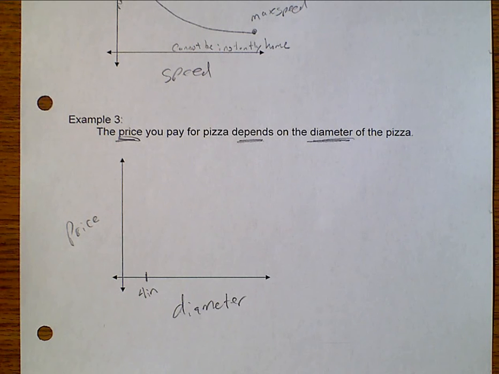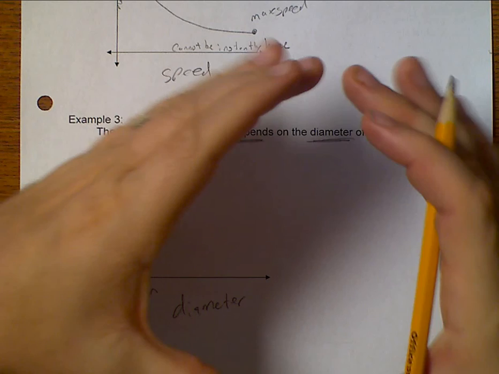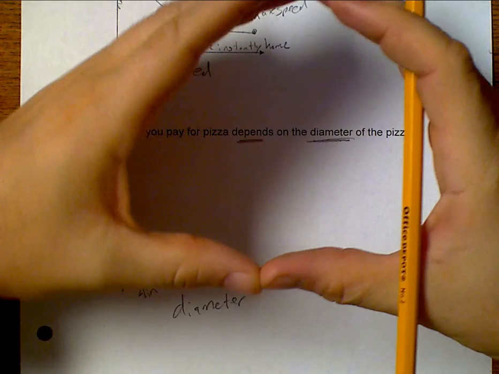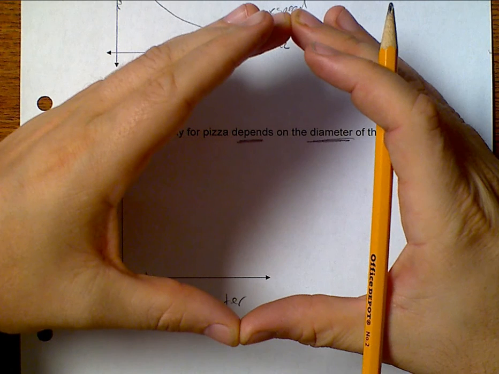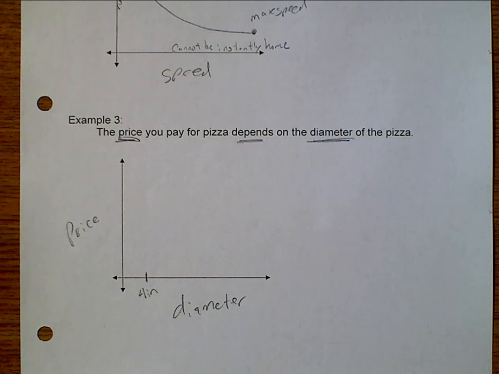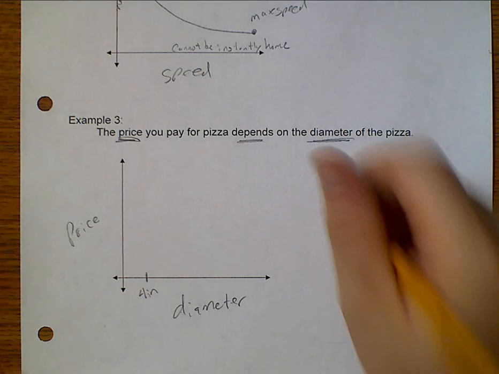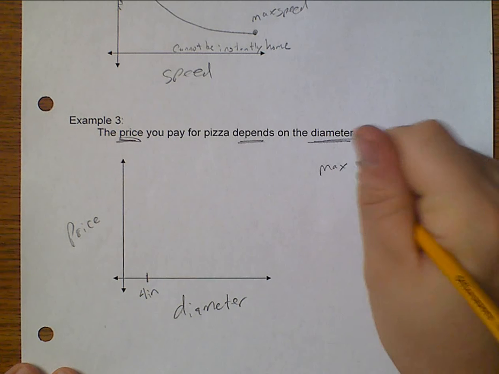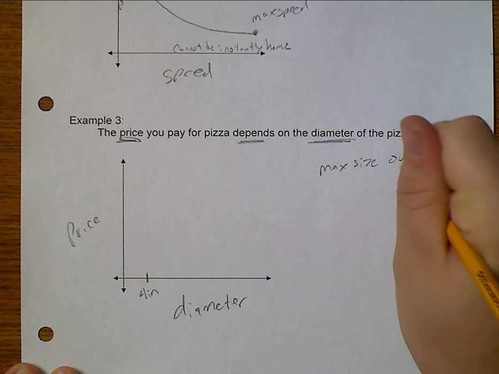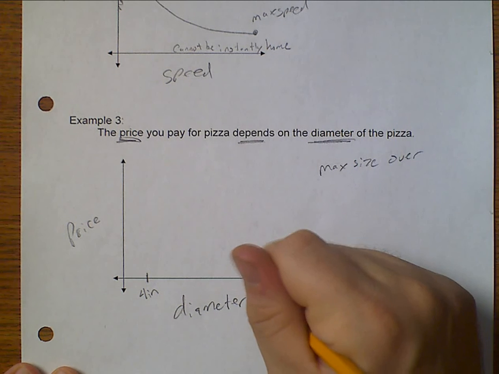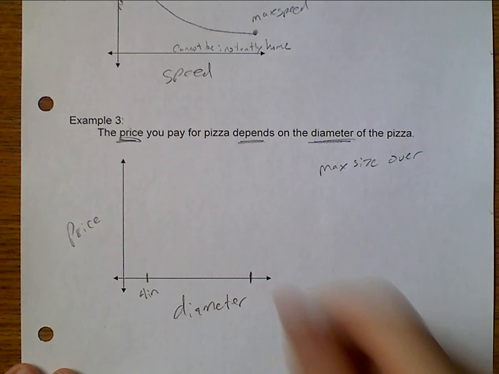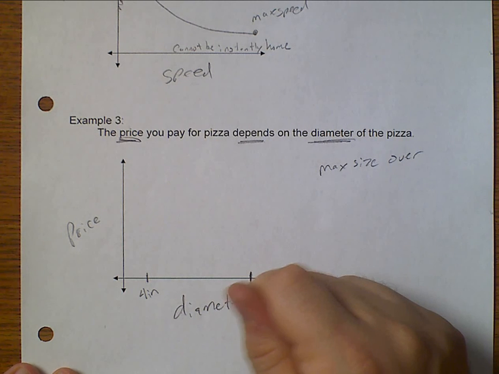Okay? And you're talking about a little pizza that fits in your hand. And really, the oven has a maximum size. We have a maximum size oven. Alright, and let's just say that that is a 32-inch pizza.